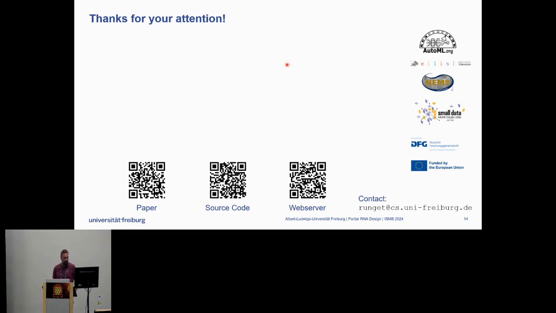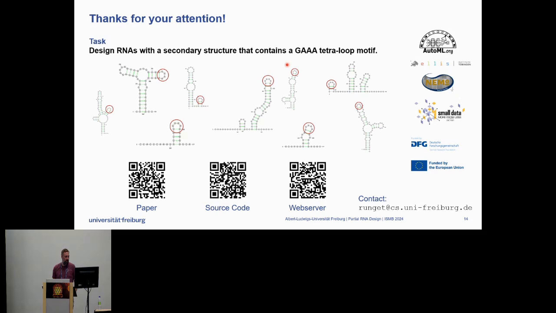We also have a small web server, which is still under development, but I just put it here. And to conclude this talk, I would like to end with this running example of the tetraloop motif design here, where we run a small example with LibLearner for about 1 minute to design about 50 different constructs that all contain this tetraloop motif. So thanks again for your attention.